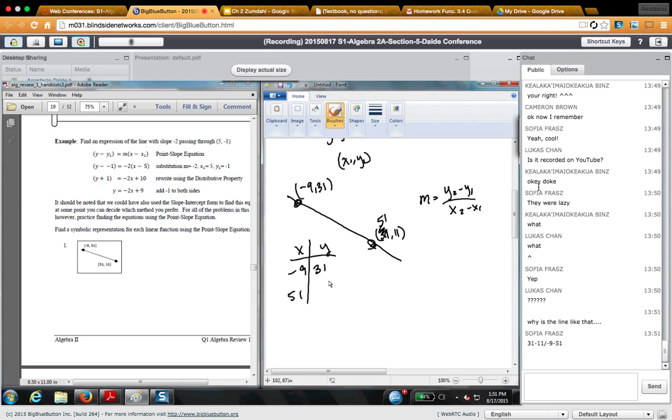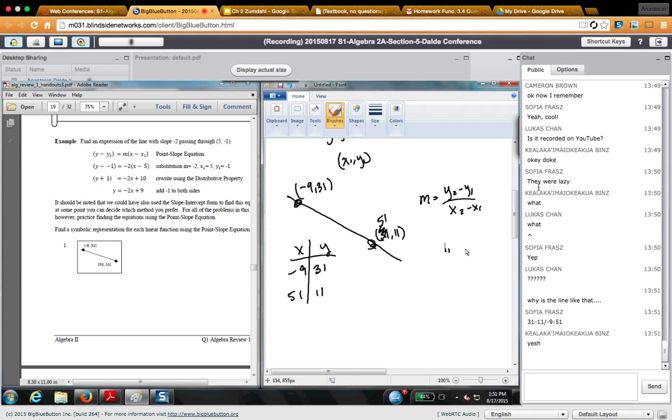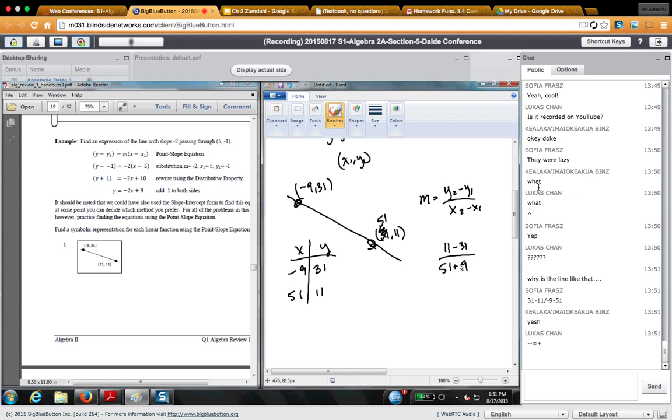Are we cool? All right. So all I've got to do is take 11 minus 31 divided by 51 plus 9. Do you understand why I did plus 9? Yep, because there's a negative in front of it. Yes, because I'm subtracting negative 9, which means positive plus 9.